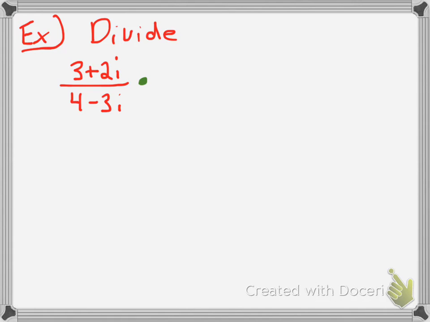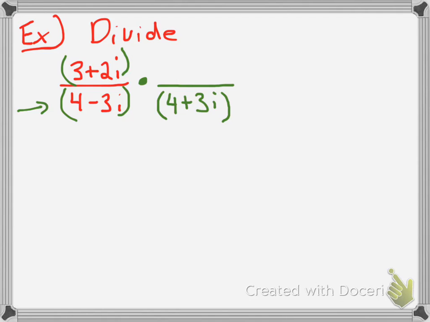I'm going to multiply, but I'm going to put parentheses around this. This guy, I'm going to conjugate it. In other words, I'm going to multiply the bottom by 4 plus 3i. And just like in an equation, I'm going to be fair and do the top: 4 plus 3i.